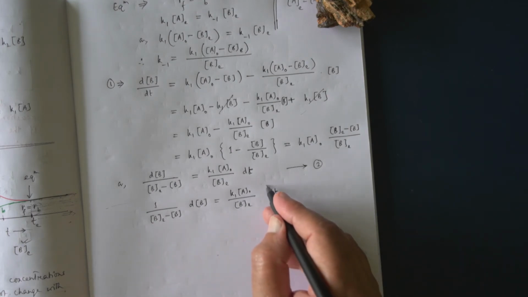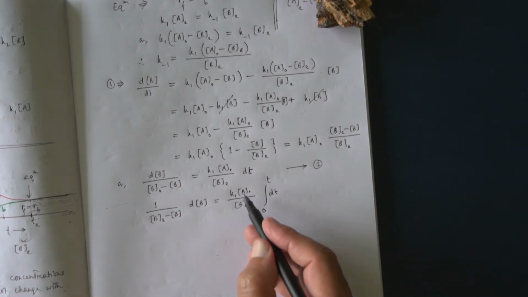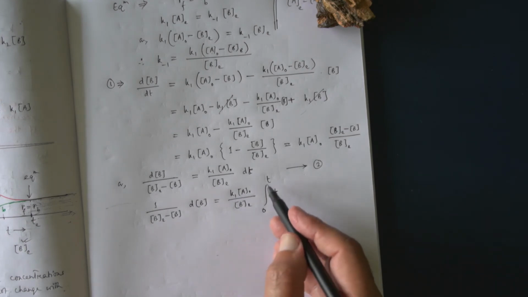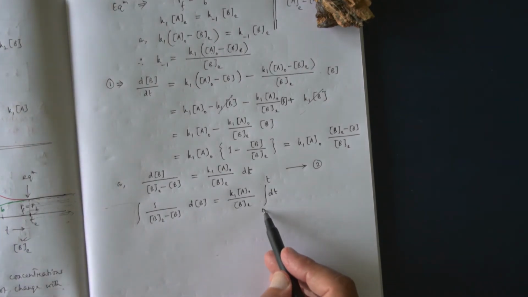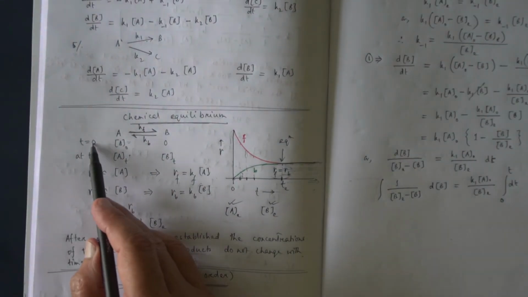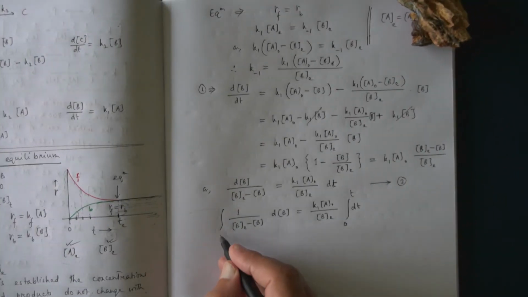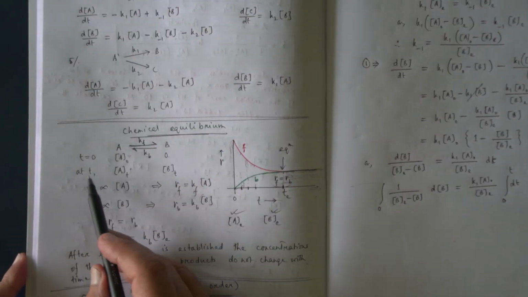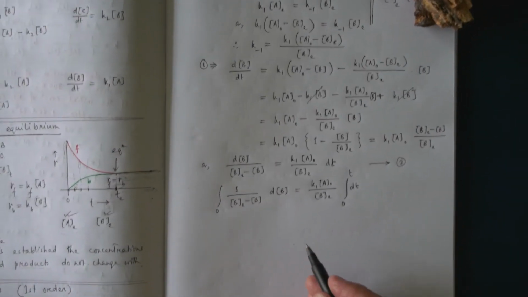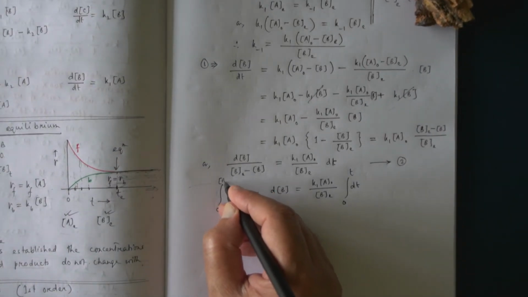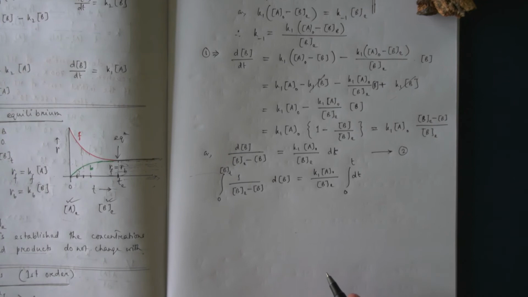So integration as before, 0 to t, this is constant, so I take it out. When time is 0, concentration of b is 0, and when time is t, concentration of b is bt. So we do this integration.